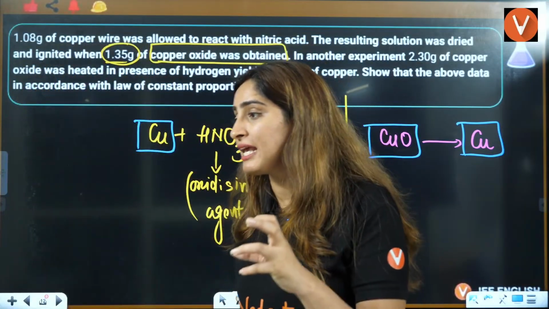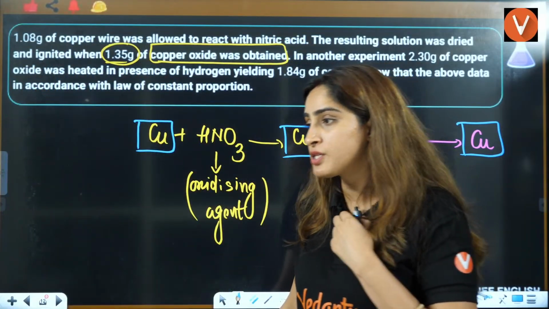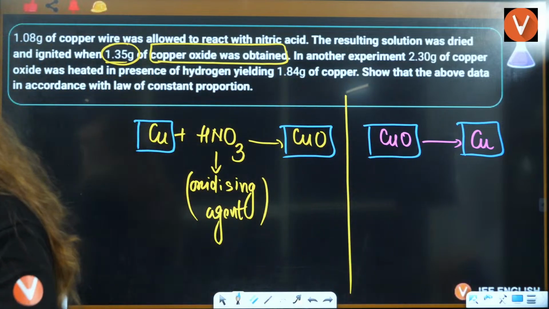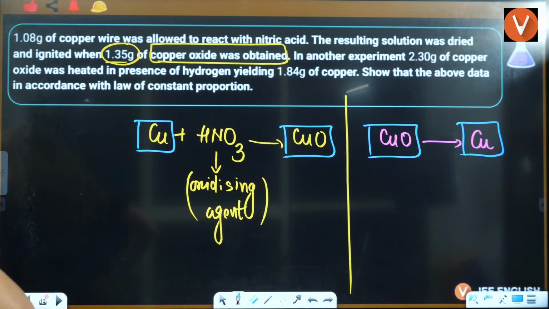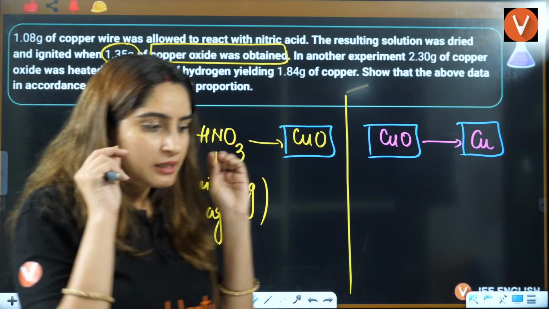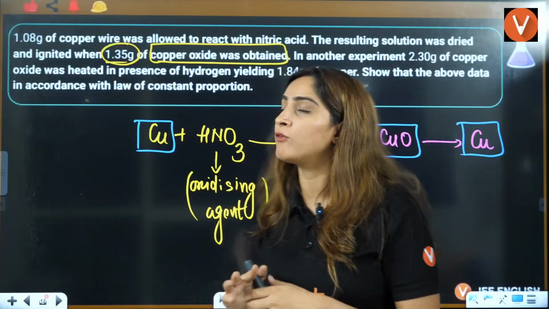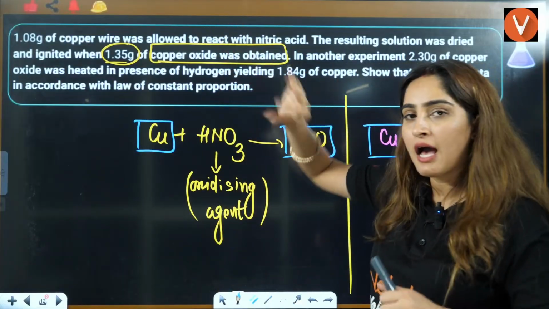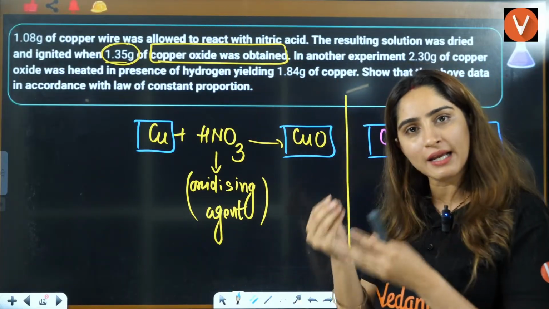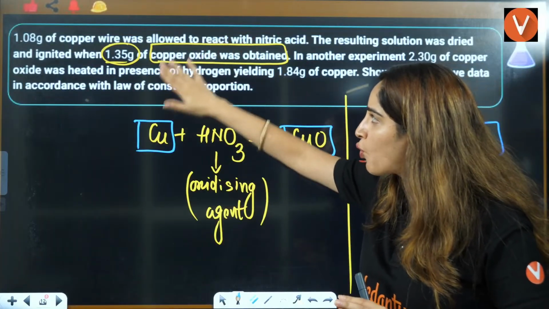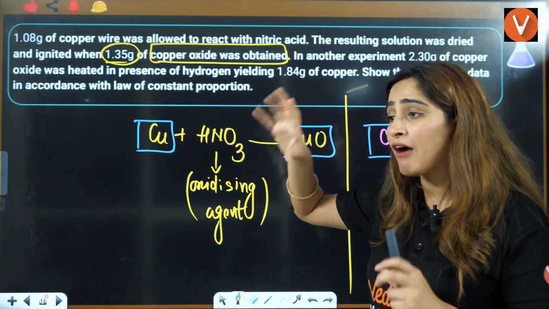What are we going to do in this question? I always teach it like this, and I always conclude the numerical like this only. Firstly, you have to go through the question and then understand it.